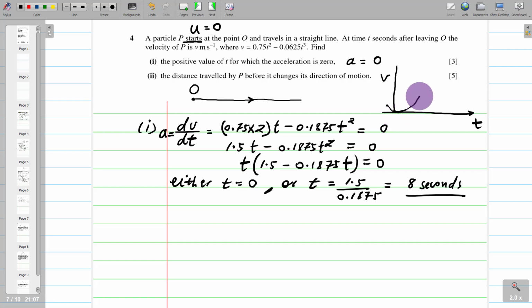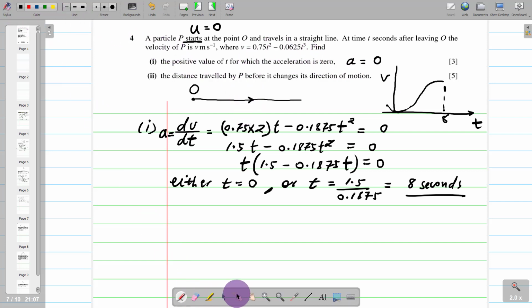There is also another turning point at this point where we are going to find that the acceleration is going to be 0. This is after 8 seconds. So that, in my view, is how that situation will look.